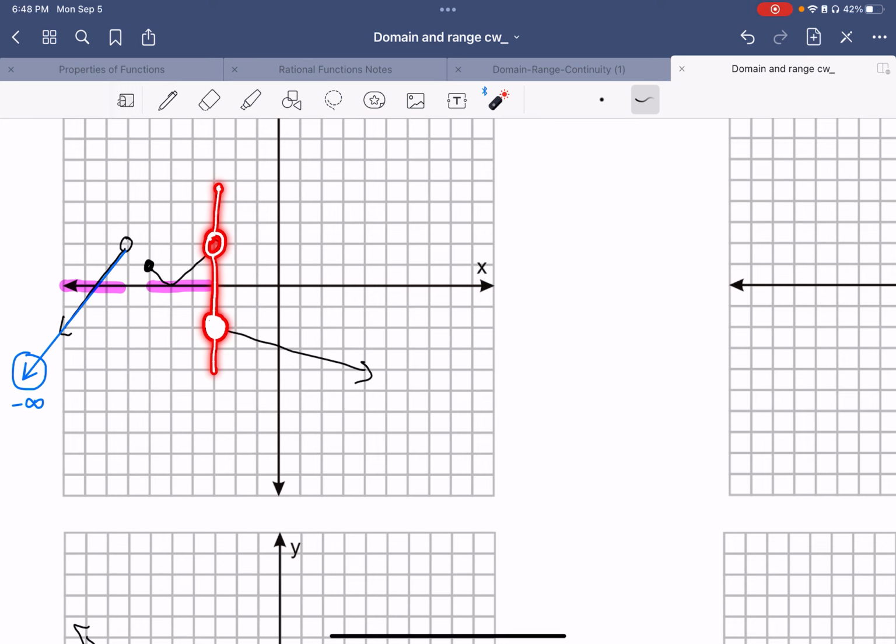When you encounter something like this where you have an open versus closed, it's almost like that open one doesn't really matter that much anymore. When you're writing your domain, you only need one defined point. You only need one closed point in order to keep going with the domain, okay? So because I have at least one defined point here, I do not have to stop and I can actually keep shading. And this line here also goes on infinitely.